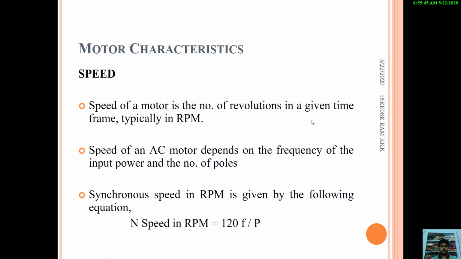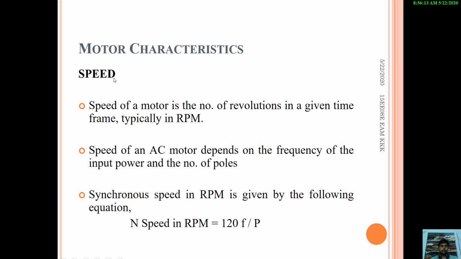For example, the motor will have characteristics between armature current and speed, torque versus speed, and torque versus current. Likewise, there are many characteristics available, and we can see such characteristics for each motor, which is useful for selecting a motor for purchase.